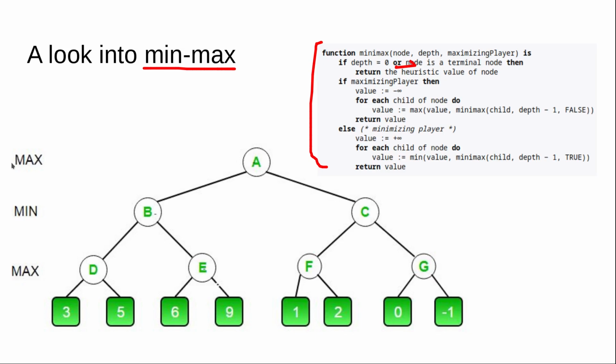If I have an optimal maximizing player, an optimal minimizing player, and then again an optimal maximizing player, in this case the depth of the game is 3.